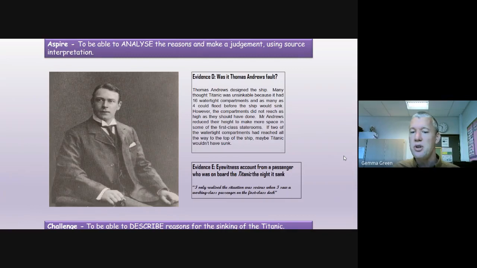So the passengers really only noticed the situation was serious because they started seeing these poor people coming up to the stately decks up above on the top, where only the first class passengers were allowed to travel.